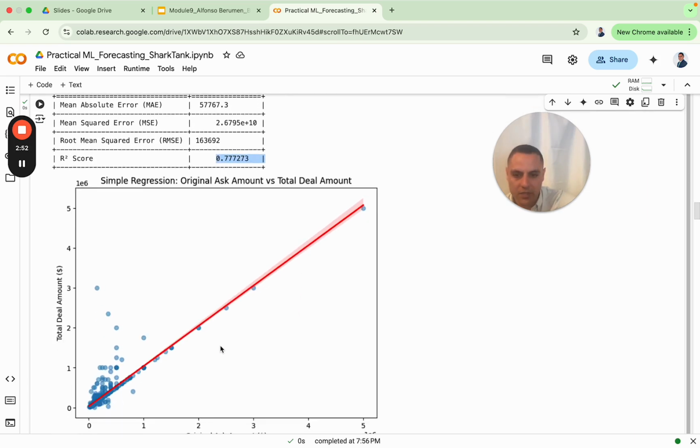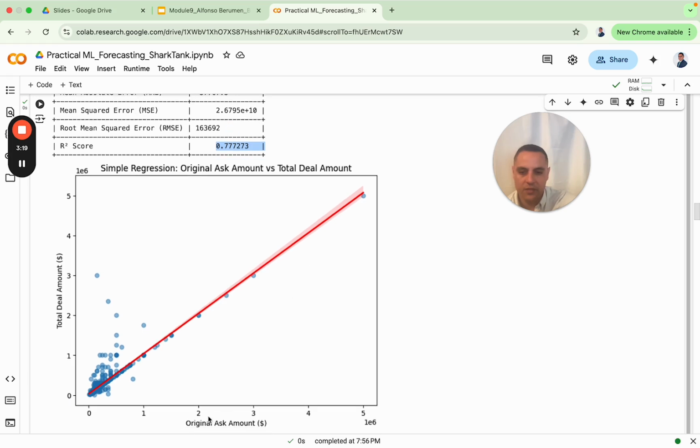And you see that prediction line here as well, and obviously we're off, in some cases by quite a bit for some of these deal amounts, and you can see that discrepancy, that difference. This corresponds to our slope, or how this line moves up in terms of the predicted values as a function of the original ask amount.